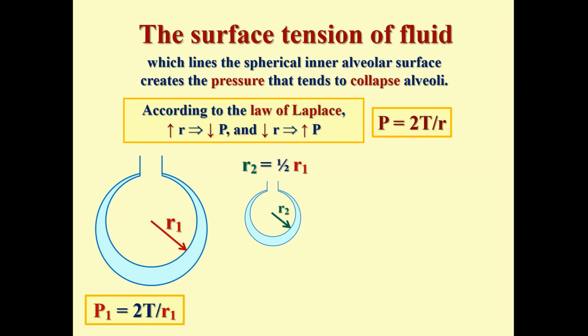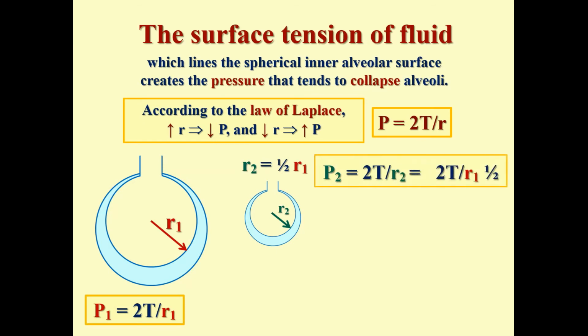And so if we place this 2 times less radius instead of R2, we get the situation that pressure in the smaller alveolus is calculated as 2 surface tension divided by radius and additionally divided by half, 1 second, divided by half. Approximately it's the same as multiplication by 2. You see, if you divide by 1 and divide then by 2, it's equal to multiplication by 2.